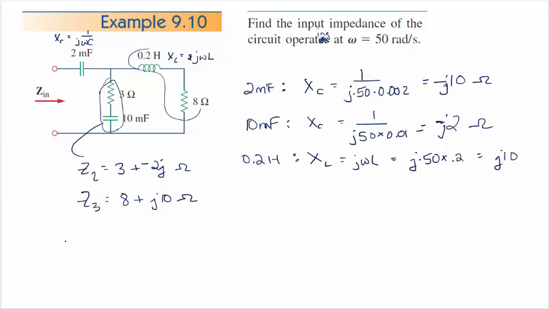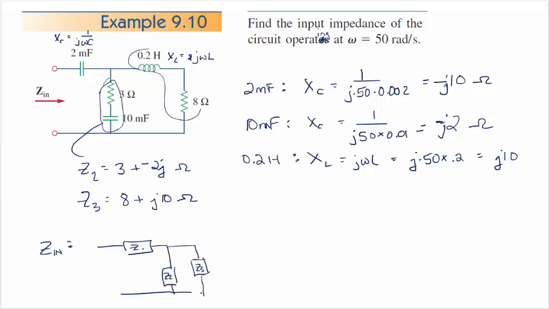So I can now replace this circuit, for which I have to find the total input impedance, or what used to be in our resistor circuits the equivalent resistance or the total resistance. So I can say that I have a Z1, a Z2, and a Z3.